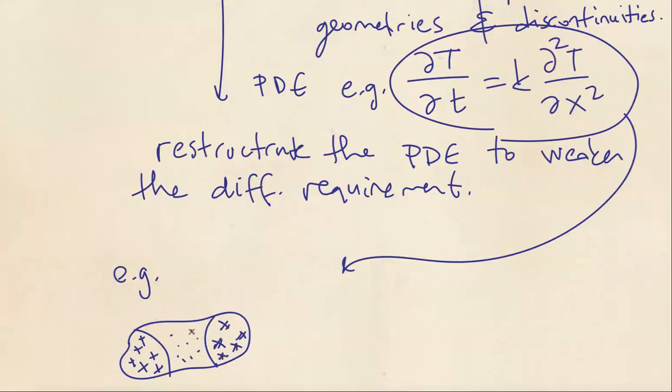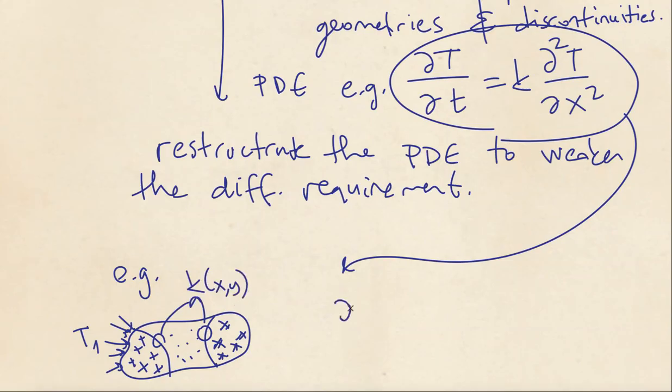This is my domain, and I put a temperature boundary condition here, maybe T1, and I'm looking for the diffusion of this temperature through this body. But there's going to be a discontinuity in K here and here. K is a function of space x and y.